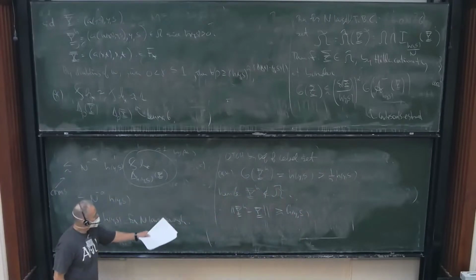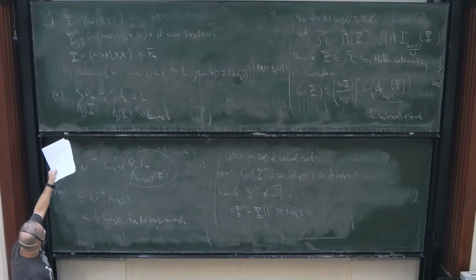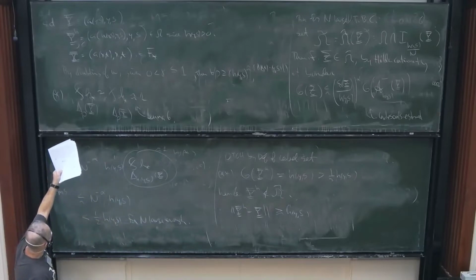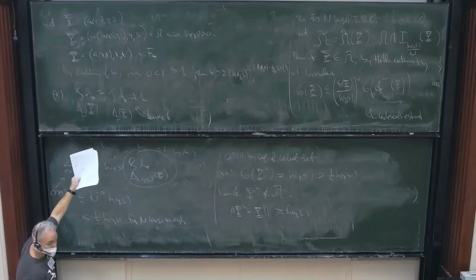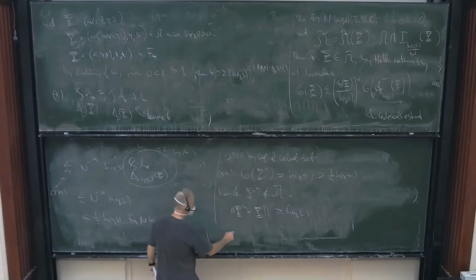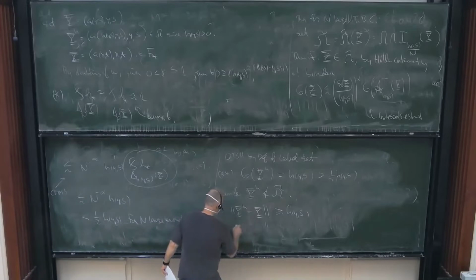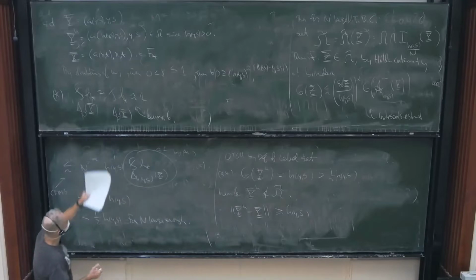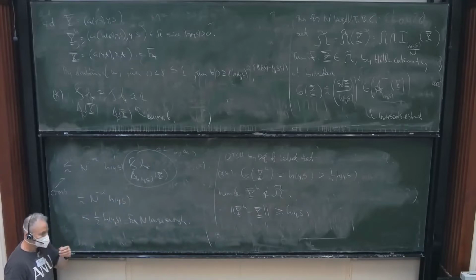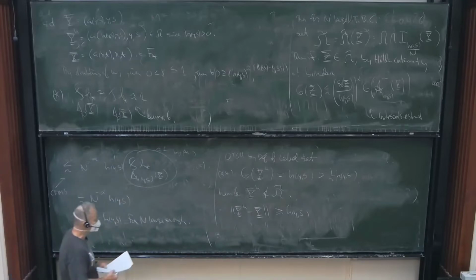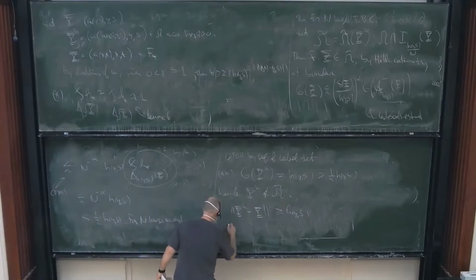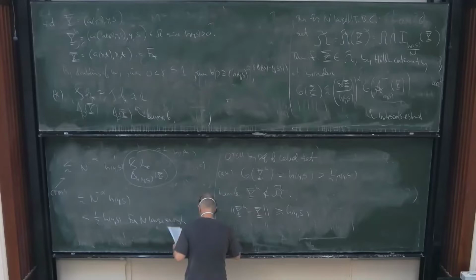Okay? But notice that YH and y lie vertically one on top of the other. So the distance is just the vertical distance. Okay? So this says, and of course the vertical distance to a Lipschitz graph is comparable to the actual distance. So this tells us that, and I'm going to call this triple star, I think, yes.